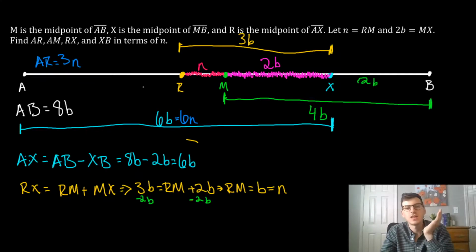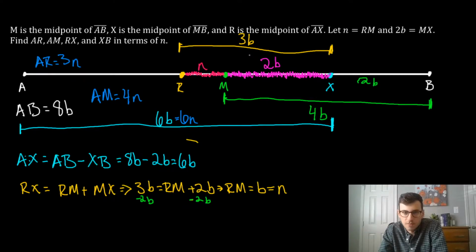You could say AM is equal to AR plus RM, so AM is 3N plus N, or 4N. Or you could say it's half of AB. AB is 8B, which is 8N, so that's 4N. So we've got AR and AM. RX, like we said, is 3B, and 3B is equal to 3N. So RX is 3N.